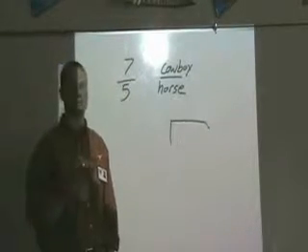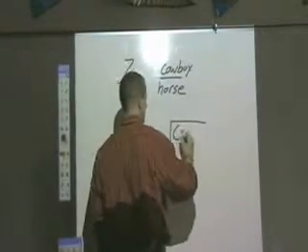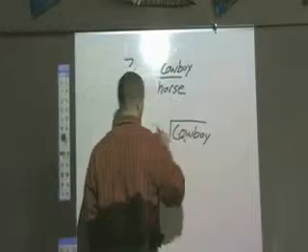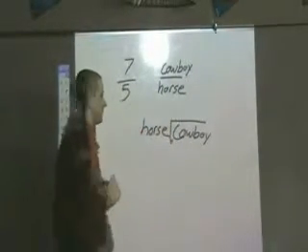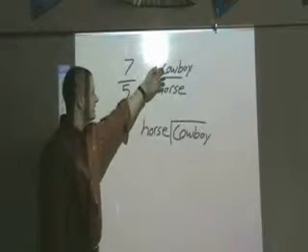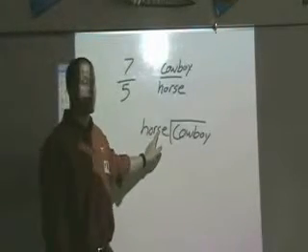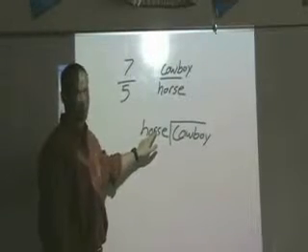Well, who do you think is going to sleep inside the tent, the cowboy or the horse? Cowboy's going to sleep inside the tent, and the horse is going to sleep outside. So, when you're dividing fractions, the cowboy goes inside, the horse goes outside, or if you use the proper words, numerator inside, denominator goes outside.